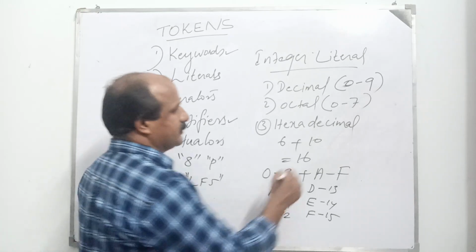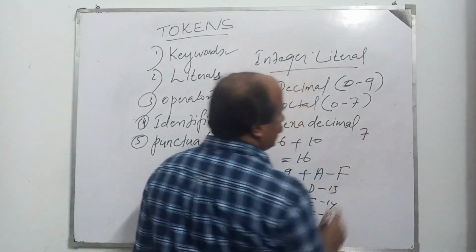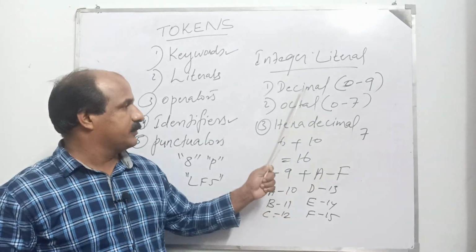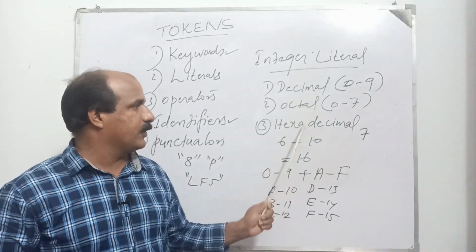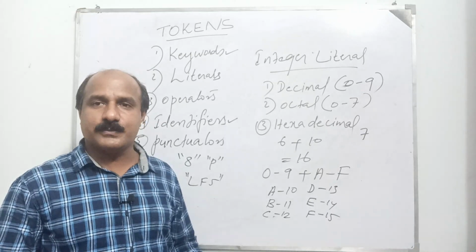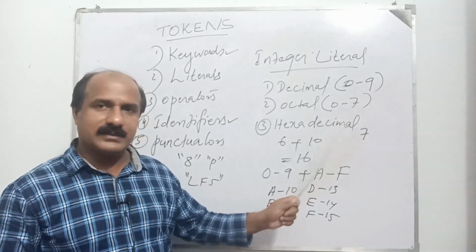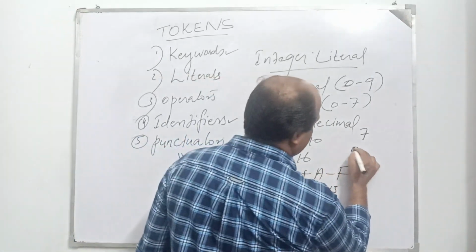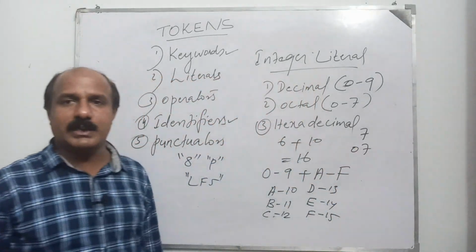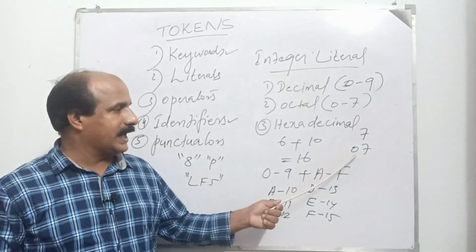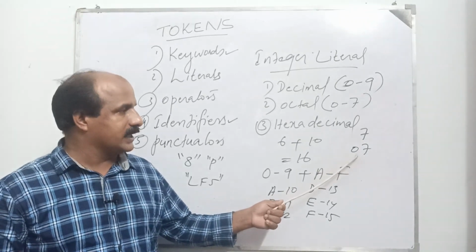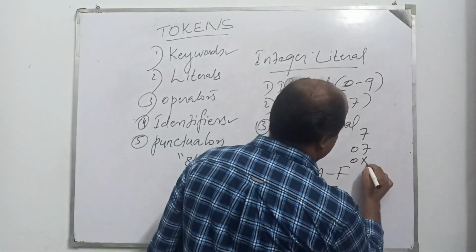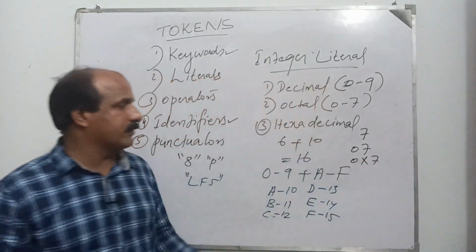If you write 7, then this 7 can be decimal, octal, or hexadecimal. Then how will you differentiate? If I am writing simply a 7, then it will be decimal. Now if you are writing 07, with a 0 added in the beginning, then it will be octal. And if you write 0x7, then this will be what?